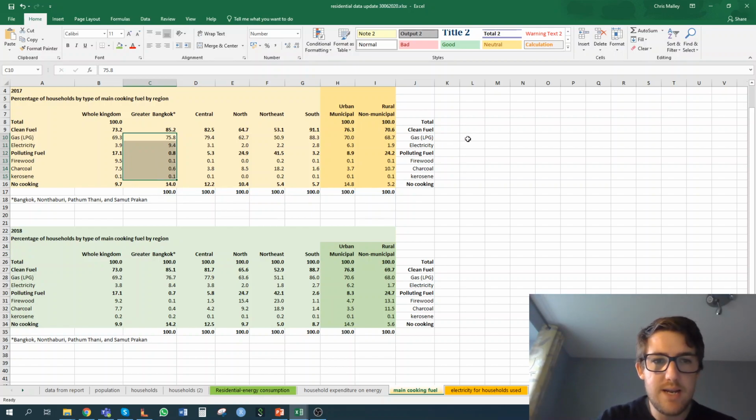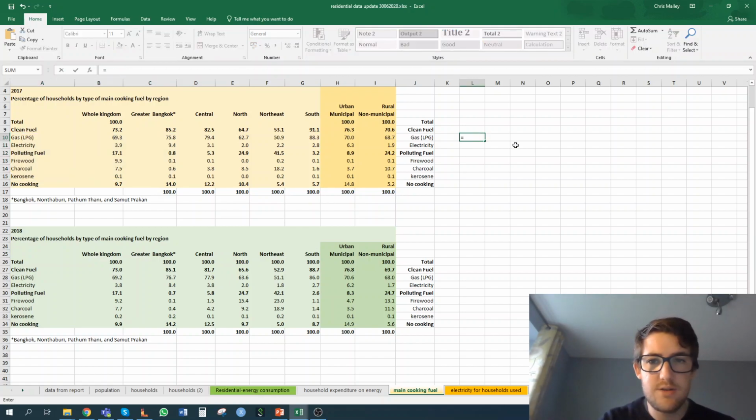We want to calculate these values as just the percentage of households that have some cooking, what percentage use LPG, what percentage use electricity. So, ignoring the no cooking, what percentage of households use these different fuels.